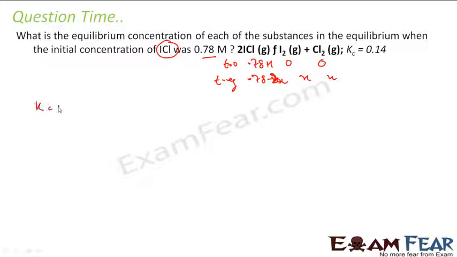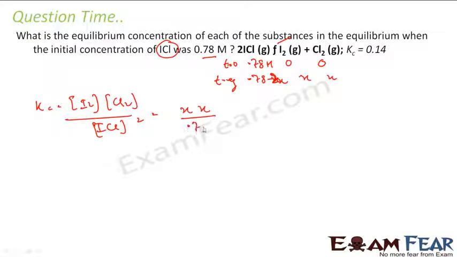So my Kc will come out as the concentration of iodine times the concentration of chlorine divided by the concentration of ICl to the power 2. The concentration of I2 is x moles per liter, and of chlorine x moles per liter, divided by the concentration of ICl, that is 0.78 minus 2x moles per liter, to the power 2.